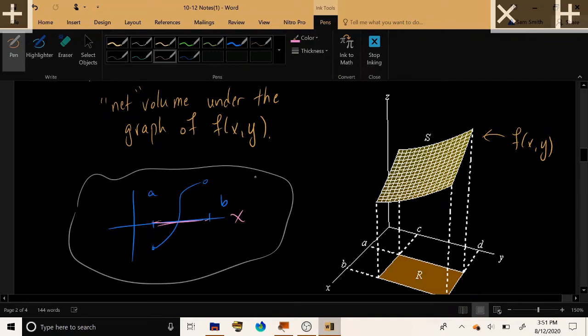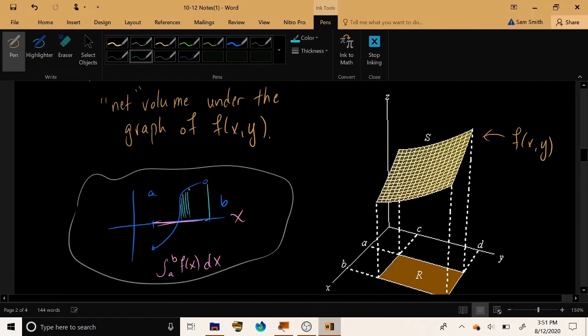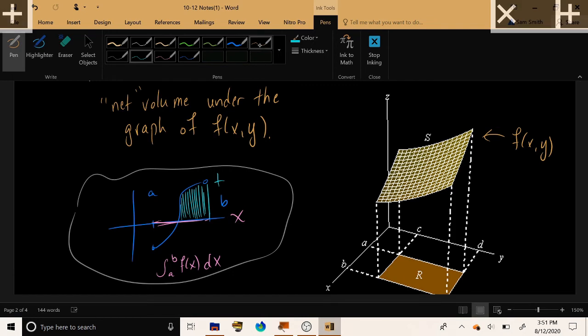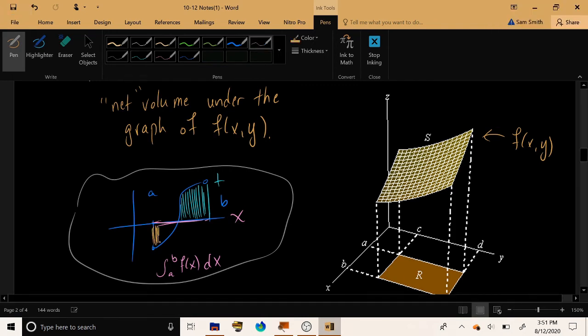If we considered the single integral from a to b of f of x dx, that represented the net area between this curve and the x-axis, called the net area because regions above the x-axis were counted as positive, whereas regions below the x-axis were counted as negative. The exact same thing is happening here.